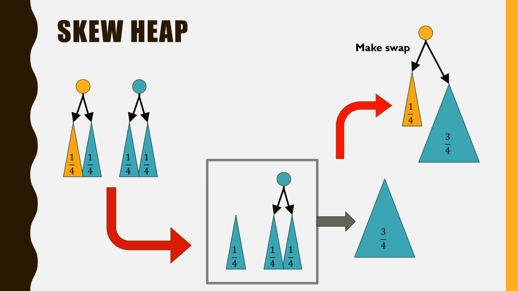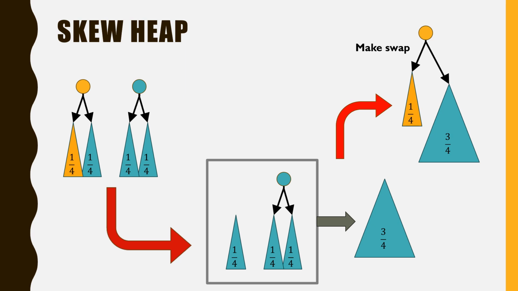Consider the two heaps shown on the left. In the average case, each of the four subtrees contains approximately 1/4 of the total nodes. Suppose we merge the right heap with the right subtree of the left heap. The resulting merged tree now contains 3/4 of the total nodes.